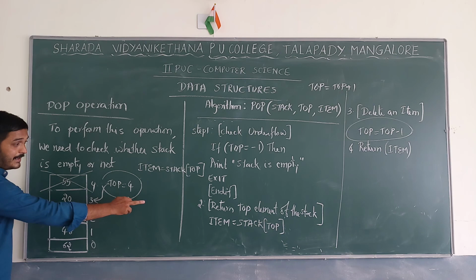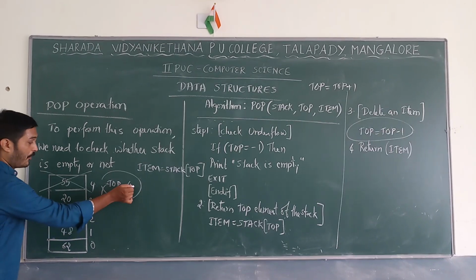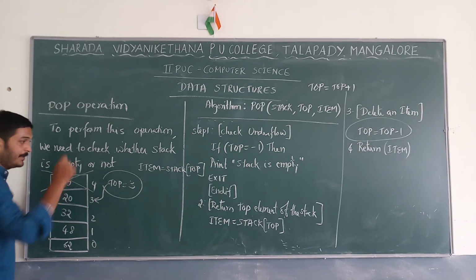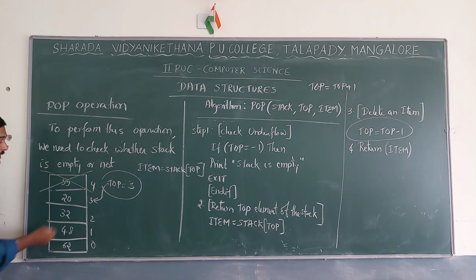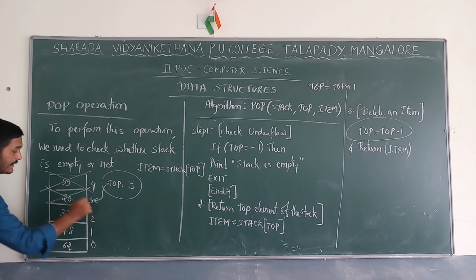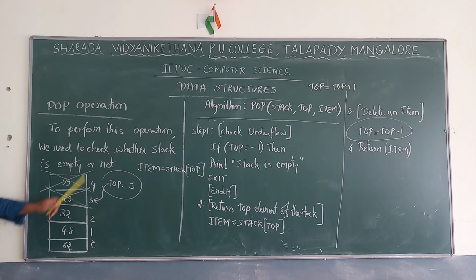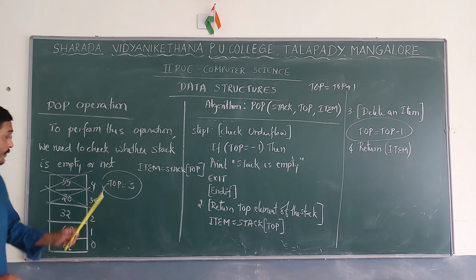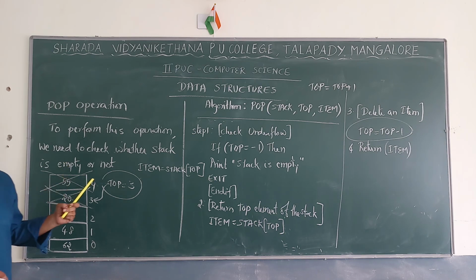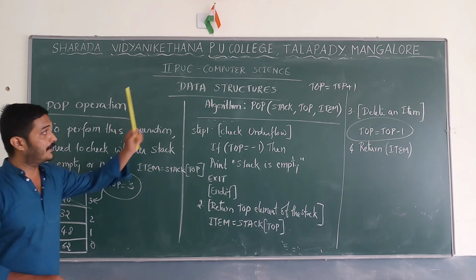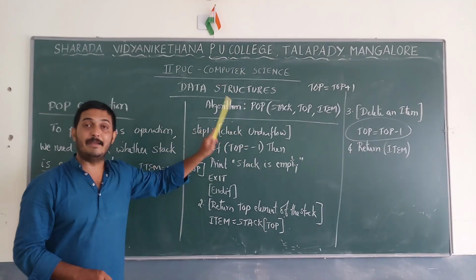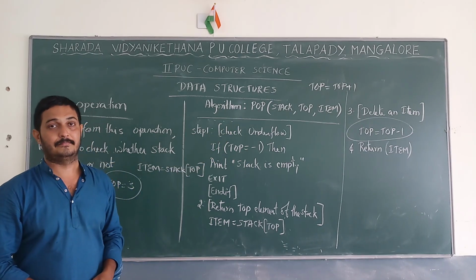Again, item equal to stack of top points to this location, then top equal to top -1, and this location is ignored too. Like this, we perform the pop operation. These are the details of the pop operation algorithm, and it is very important for your examination.